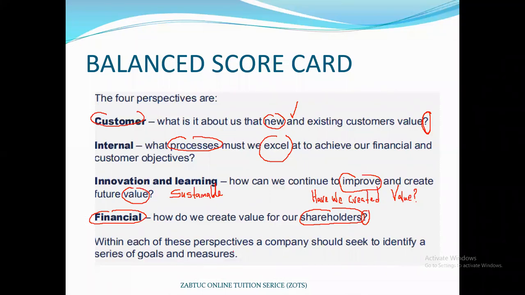Within each of these perspectives, the company should seek to identify a series of goals and measures or KPIs for those goals. That is sometimes the difficult part of the model. We need to come up with goals. What should be your goal in each one of these areas?